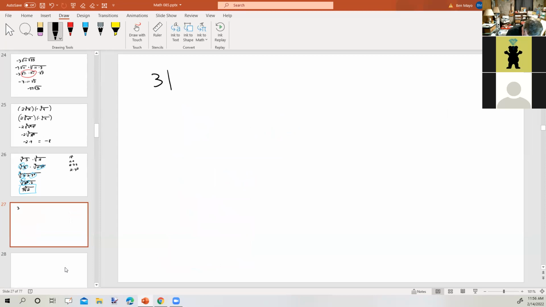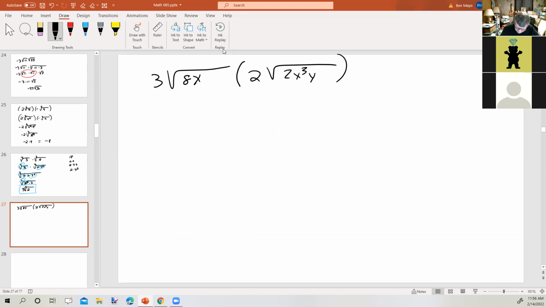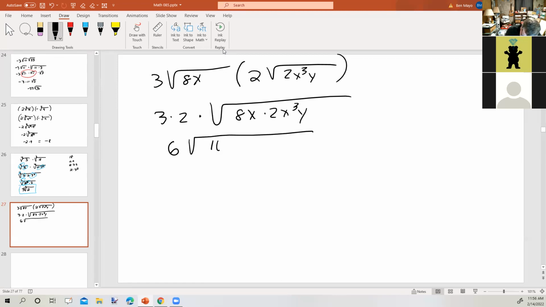3 times the square root of 8x times 2 square roots of 2x cubed y. So that would be 3 times 2 times the square root of 8x times 2x cubed y, which would be 6 square roots of 16x to the 4th y.